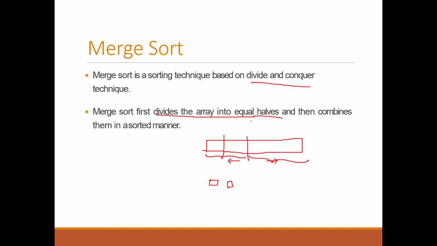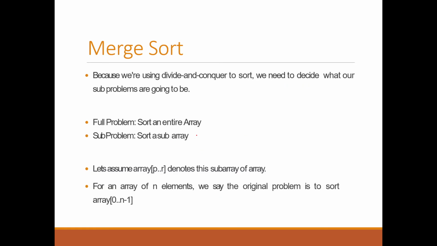And then what is done, we combine these individual arrays, and that is done in a sorted manner. So first we are dividing and then we are combining in a sorted manner. So this is how MergeSort works. So let us see these things in detail.